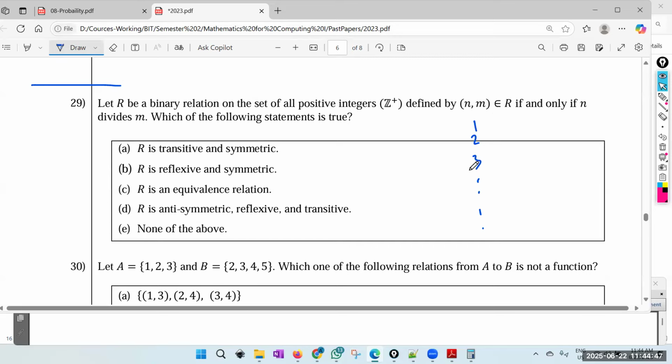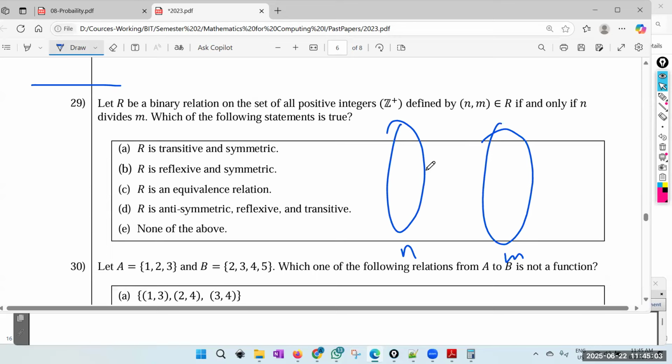If and only if N divides M. So we are going from N to M. And these are positive integers 1, 2, 3, 4, 5, 6, and so on.